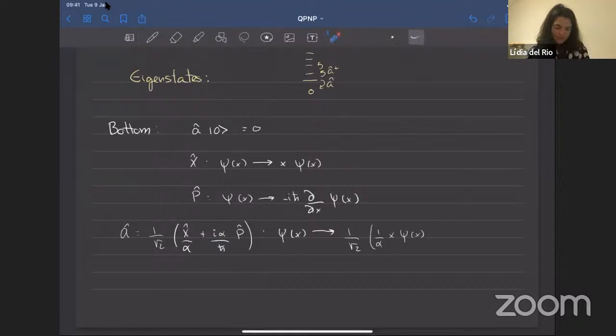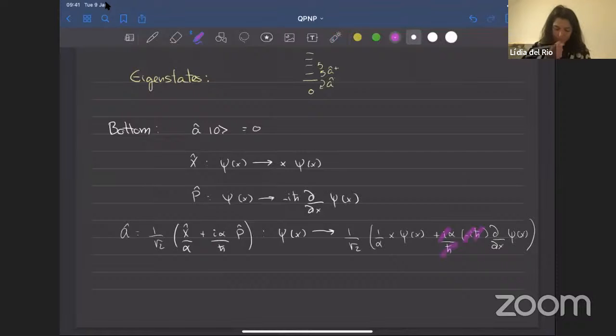Okay. This is this part here. Oh, sorry, this is this part here from the x operator, plus the part from the p operator. So plus iα over ħ times −iħ d/dx. And here we can simplify a little bit. So the ħ's cancel each other and the −i cancels out with the i.